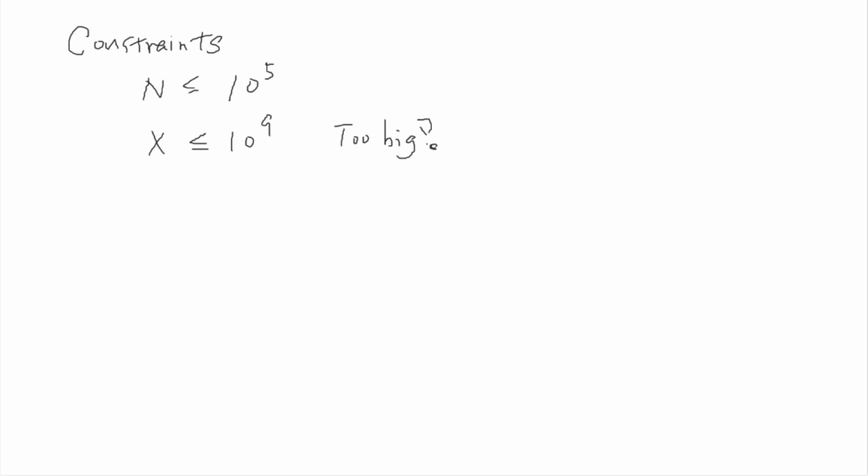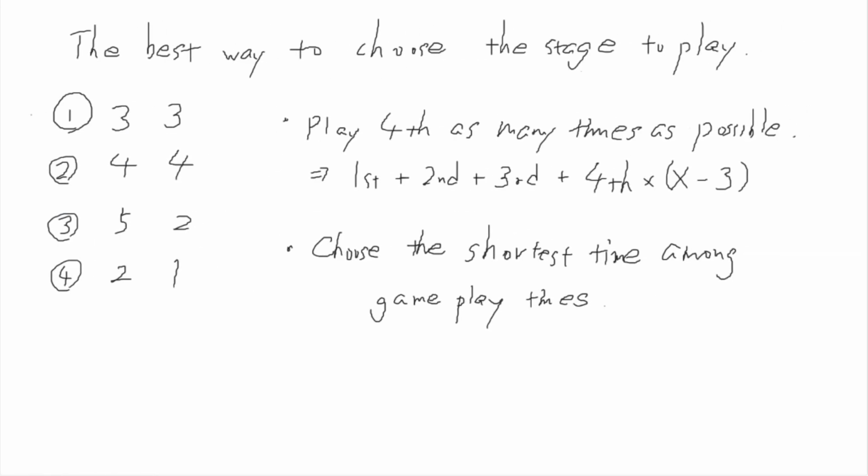But X, which is the number of stages you want to clear, is 10 to the ninth. It is so big, so if you treat the number X, be careful. So let's talk about the solution.